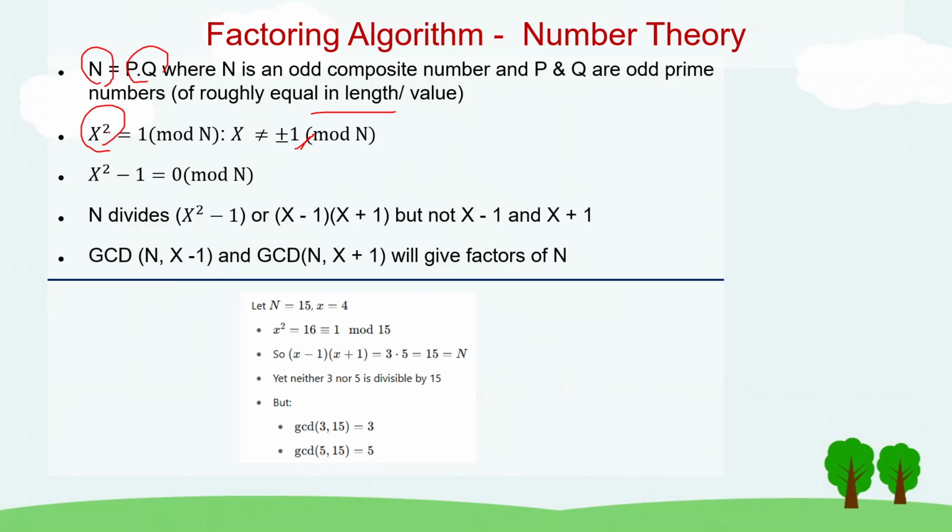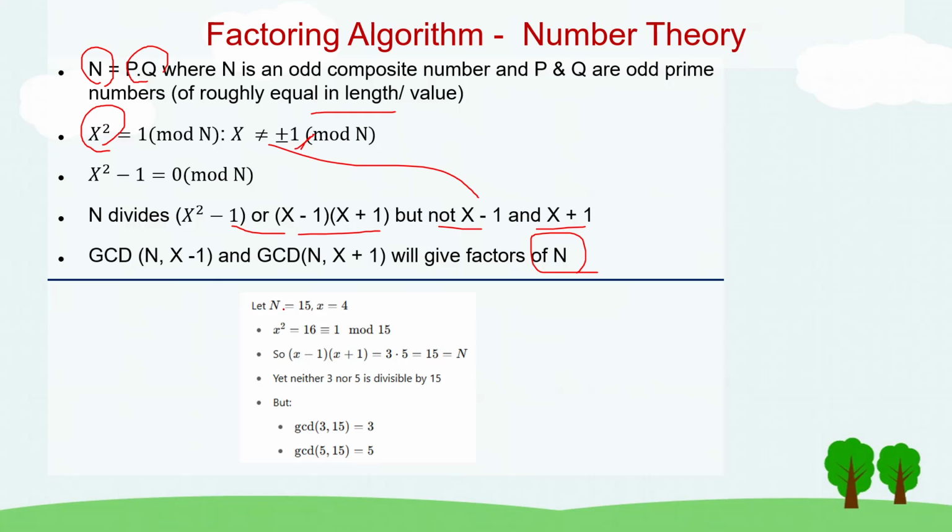So what does it mean? x square equal to 1, so x square minus 1 is 0, which means n perfectly divides it without a remainder. So n divides x square minus 1, and we can also say x minus 1 into x plus 1 are its factors. But n doesn't divide x minus 1 or x plus 1. In that case, if you take GCD of n and x minus 1 or GCD of n and x plus 1, they will give the factors of n.